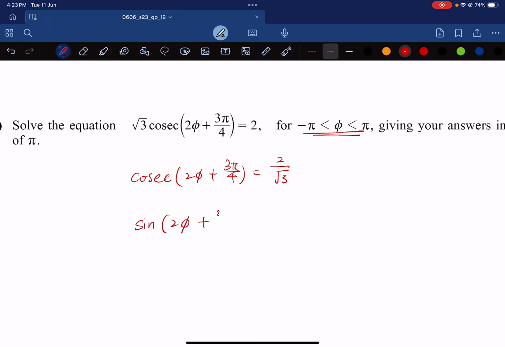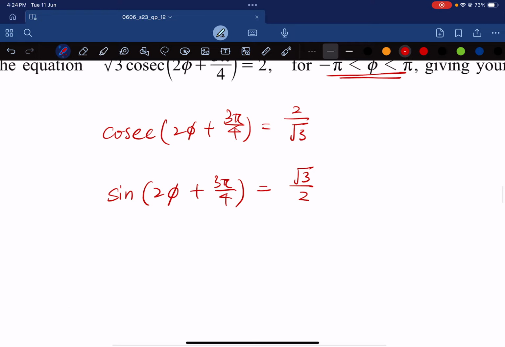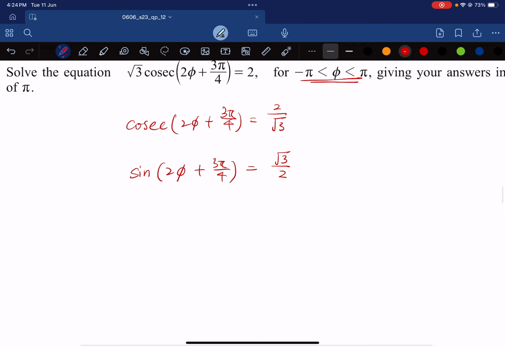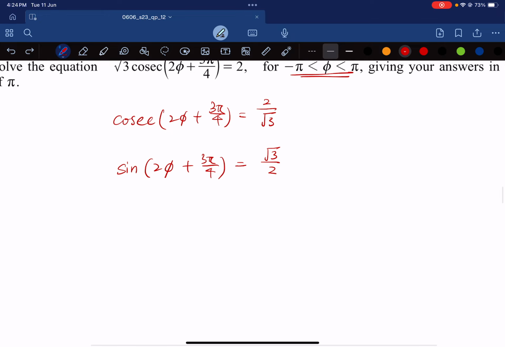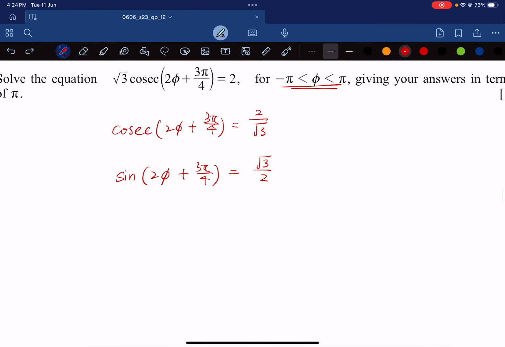Now we take reciprocal on left side, so we also take the reciprocal on right side. So square root 3 over 2, it is a sine ratio for a special angle. This is 60, a special angle 60.